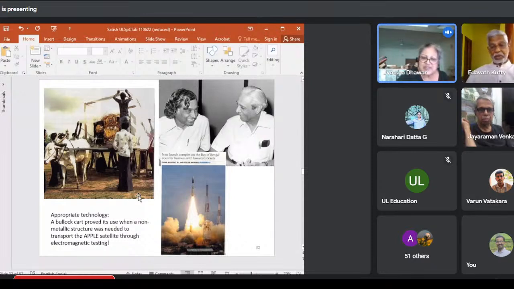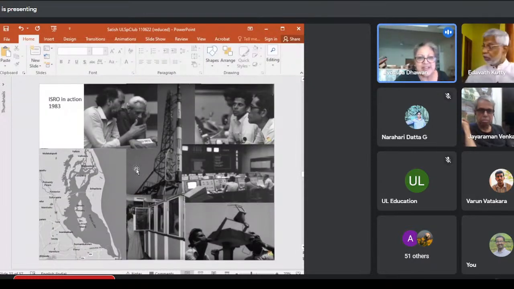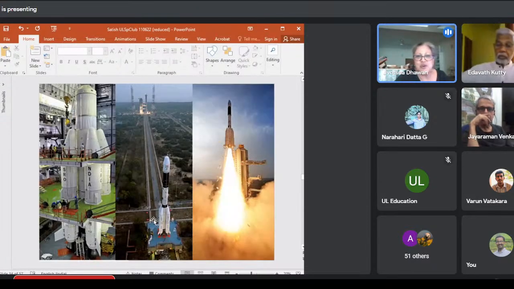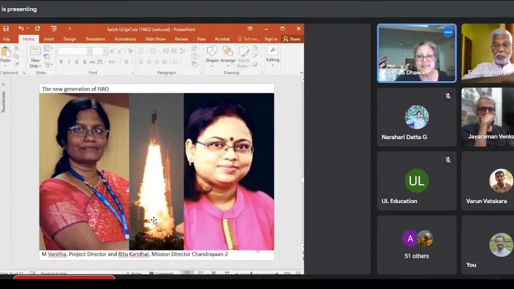Now, ISRO in action in 1983, you can see all of the dedicated engineers in these, what looks now very primitive control panels. ISRO today, a highly sophisticated organization doing, as I said, serial successes.